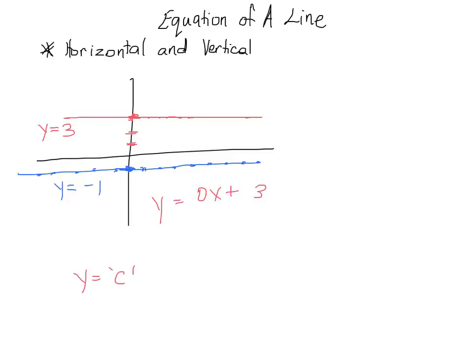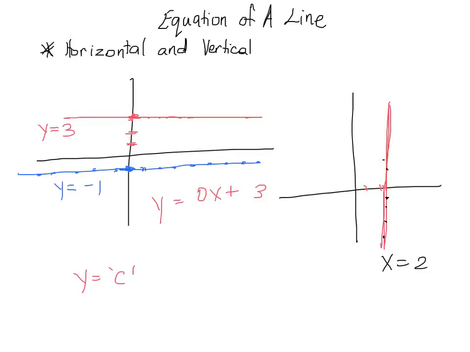In the same way, if we were to draw a vertical line, let's put the vertical line here at 2. Everywhere on this line, x is always the same value. Everywhere on this line, x will always be 2. So the equation of that line is x equals 2.